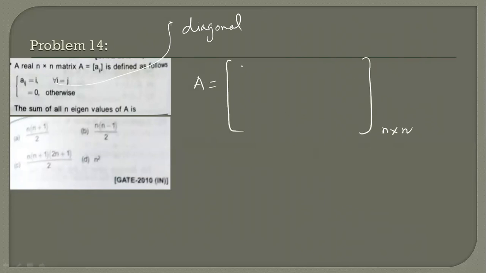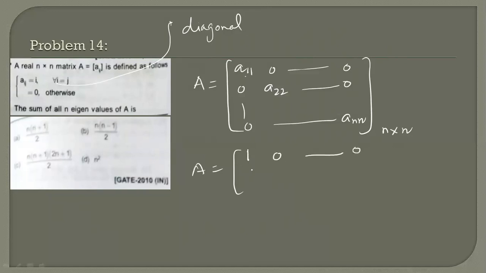So this is your matrix: A11, the rest of the entries are 0, then A22, and so on, up to Ann. It is given that Aii is equal to i, so it is 1, 0, 0; the next entry will be 2, 0, 0, 0, 0, 0, n.